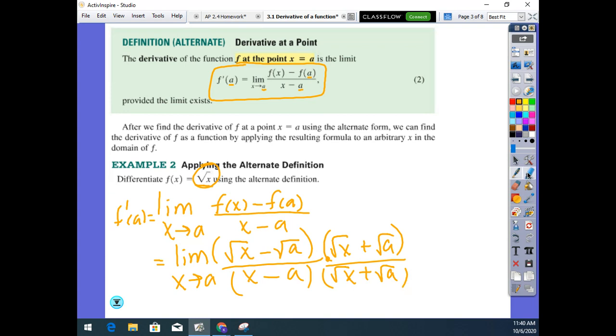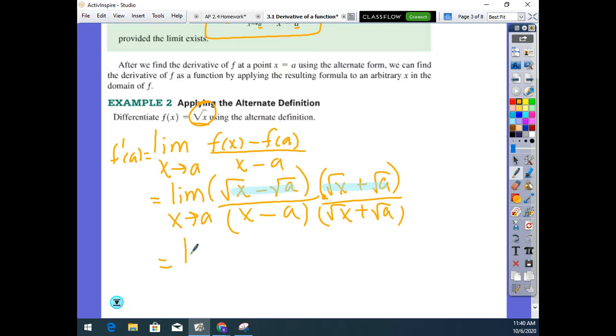So when I multiply by the conjugate, first of all, I'm going to bring down the limit as x approaches a. My numerator, square root of x times square root of x is x. The middles end up canceling when you multiply conjugates. Minus radical a times radical a is a. So this is helpful.